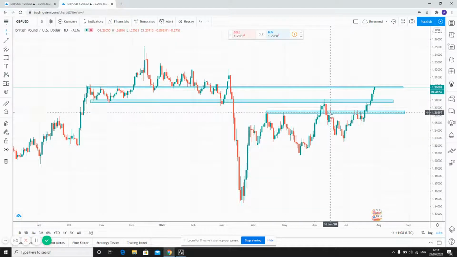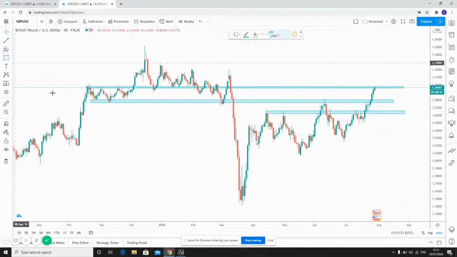We've got some nice wicks forming here. Buyers tried to break out again, sellers pulled it down. Here again, multiple times, buyers could not break this zone and were held down on numerous occasions with sellers keeping it down. However, more recently on the back of the USD weakness, we have seen GU break out quite well, a massive breakout, to be honest. So these are some of the key levels.